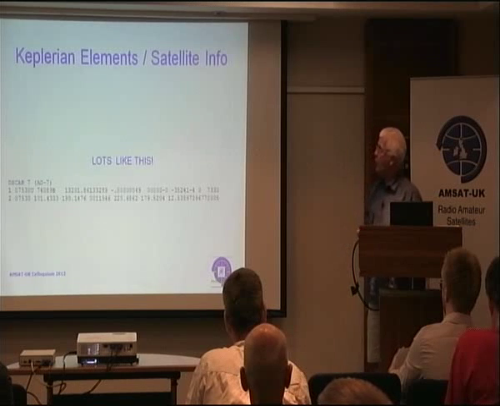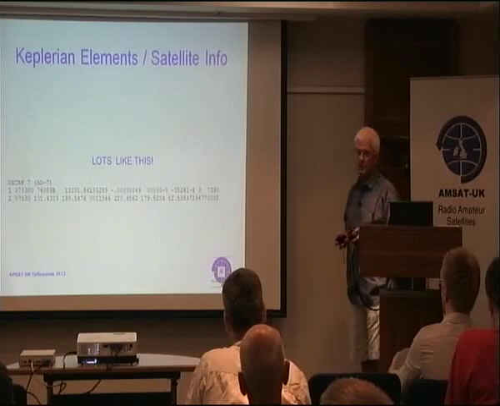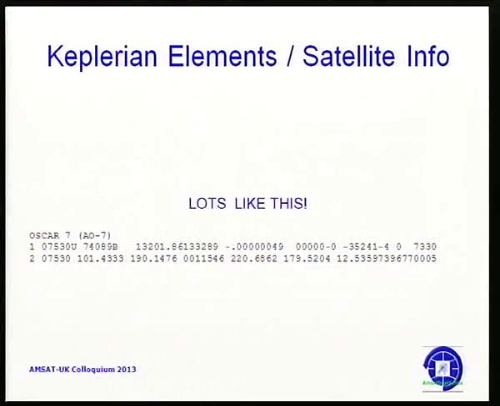This is a bit of information for those who don't know about Keplerian elements. It's a bit of an advert for another app that is being generated at the moment, which you'll see probably part of halfway through the talk.